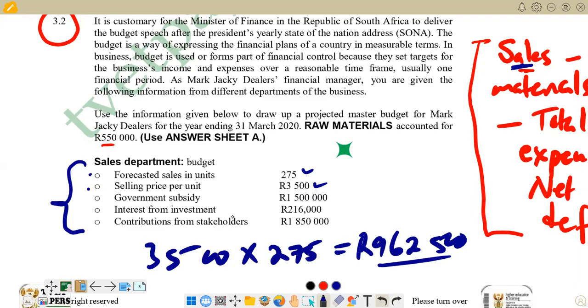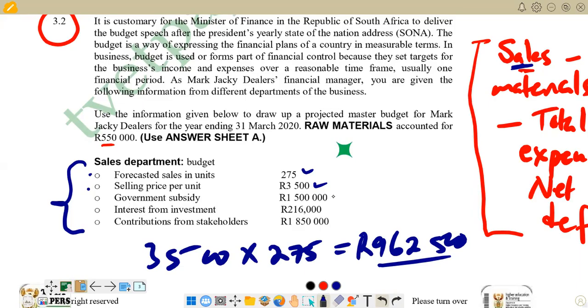They issue these subsidies as assistance to firms that are facing a high cost of production, so that the cost of production goes down, with the main intention of helping consumers so that prices go down. So we have government subsidy here as one of the other incomes.